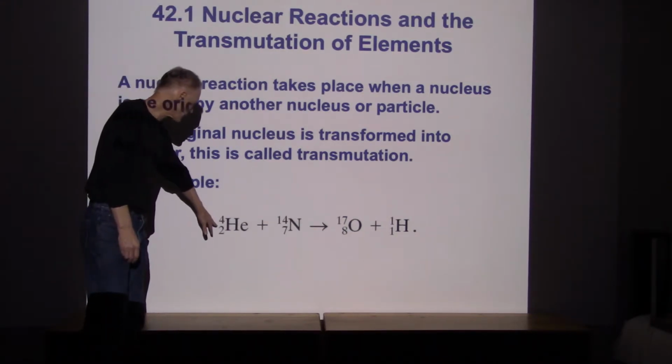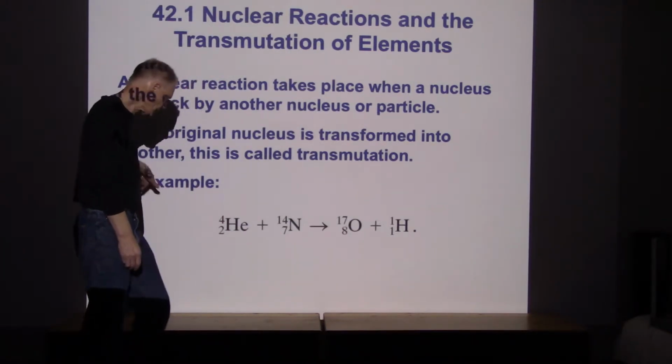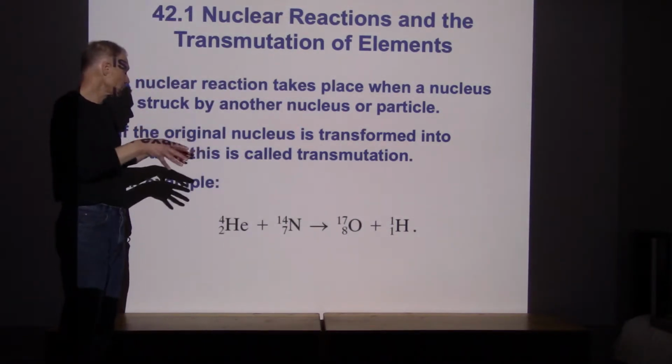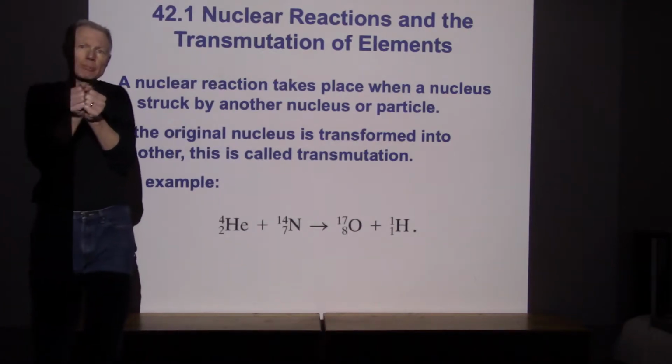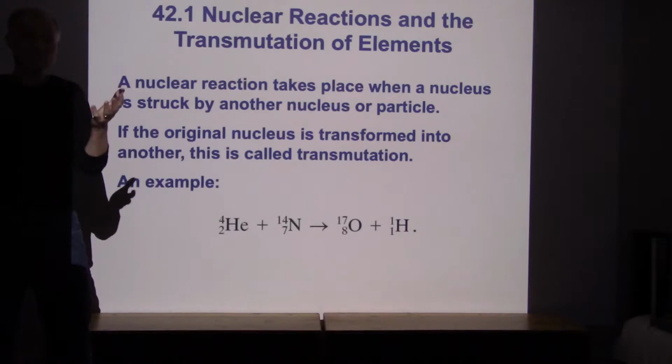So what we've got here is a pair of 2 protons and 2 neutrons combining with this nitrogen, which is 7 neutrons and 7 protons. When they collide together, we've got a combination of 9 protons and 9 neutrons available. How are they going to separate?